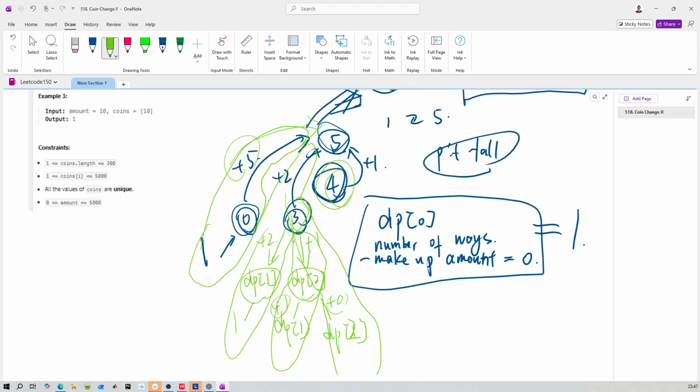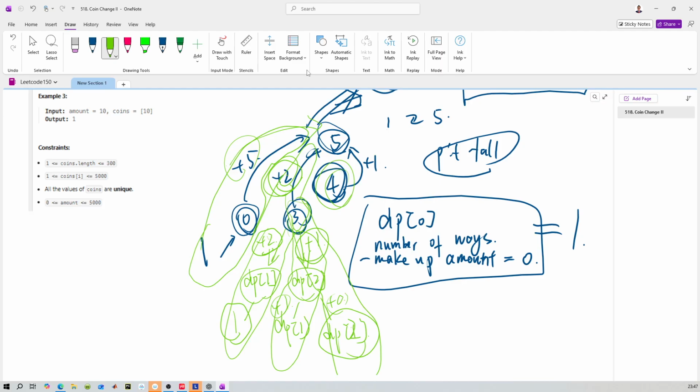So you will see that here we used number 2, here we used number 2. Here we used coin 1, so 1 plus 2 plus 2. And here we used number 2, and then here we use number 1, and here we use number 2 again. So 2 plus 1 plus 2.